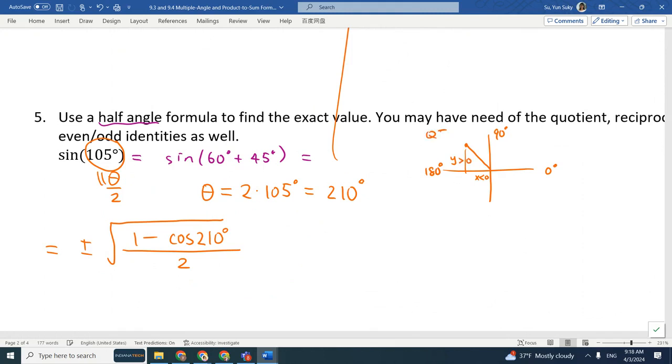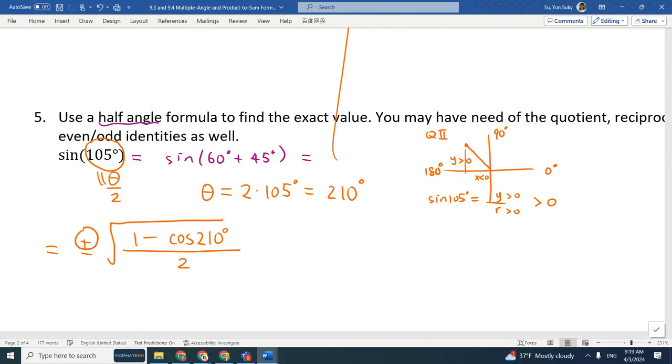Positive. We're in quadrant 2. So sine of 105 in terms of x, y, r is y over r. But y is positive and r is always positive. Therefore, sine of 105 degrees is positive. So that's why we pick the positive.